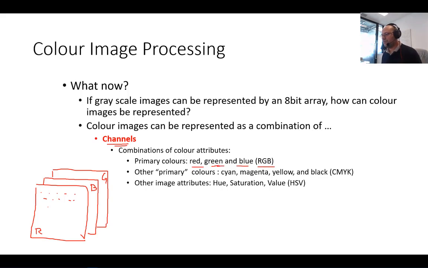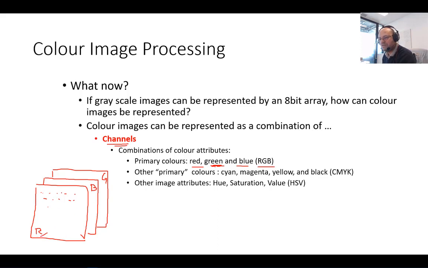And you know from when you were in year 2 or year 3 that every color can be created by a combination of red, green, and blue color intensities. And these are called the primary colors. A color image is nothing more than a combination of three matrices of pixel intensities for the same image.